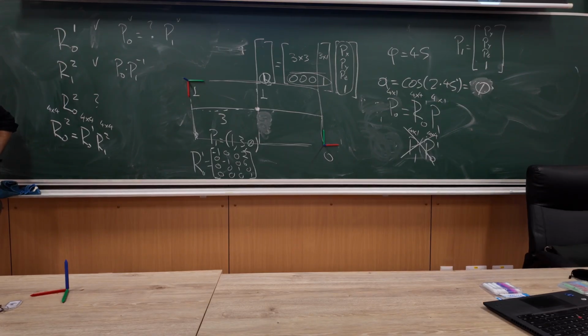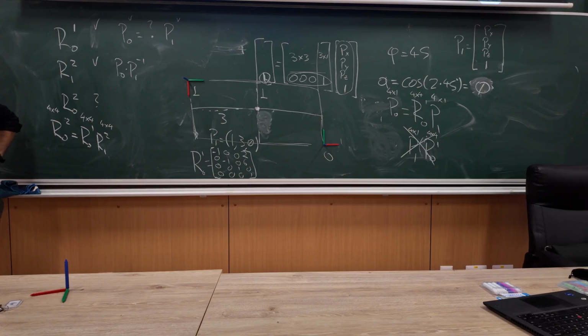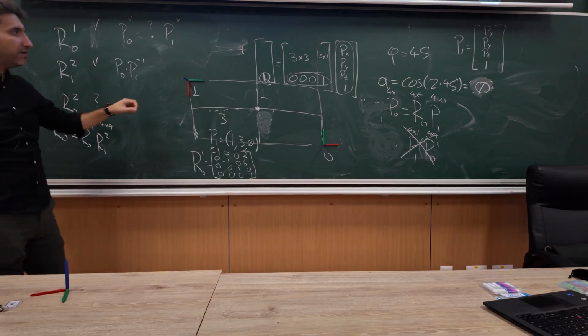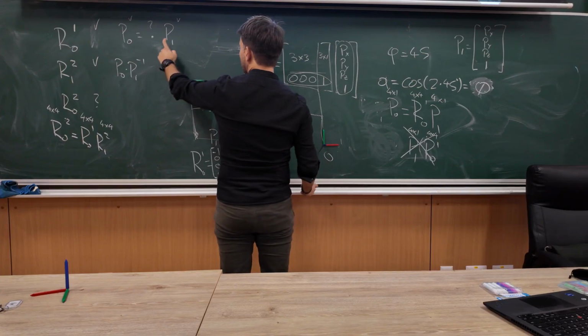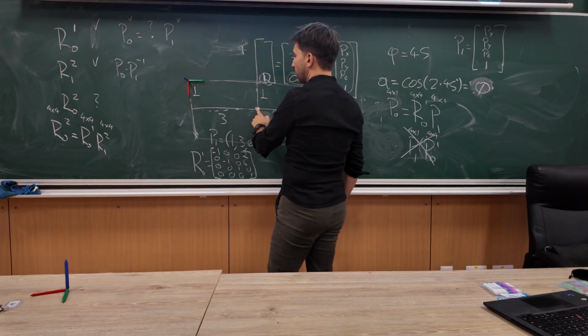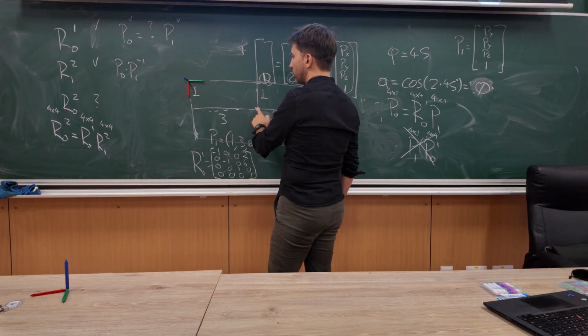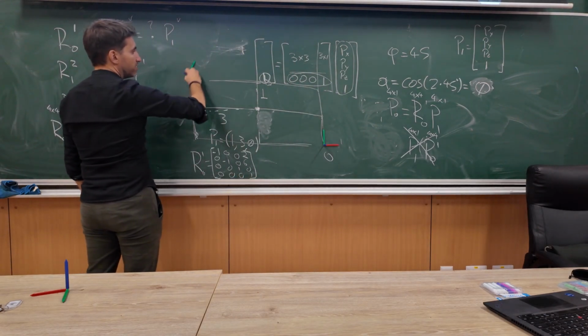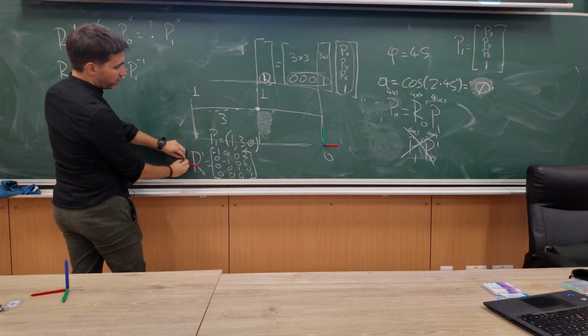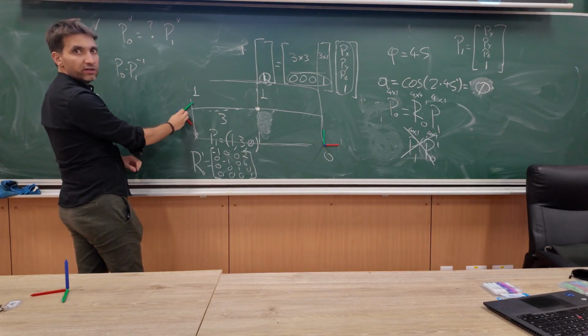Can it be a unique transform if we don't have the orientation of the point? The transformation between the two frames, I guess it can be. Let's say in this example, if I know P1 is the position of this point with this frame, this frame can be anywhere, right? It can be here, it can be here, as long as it's rotating around the point, it has the same coordinates.